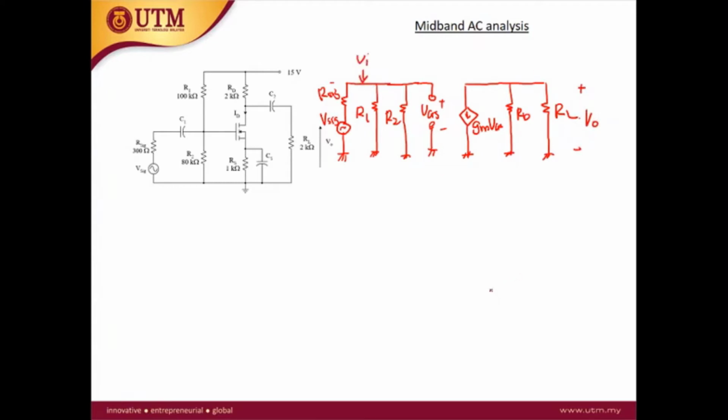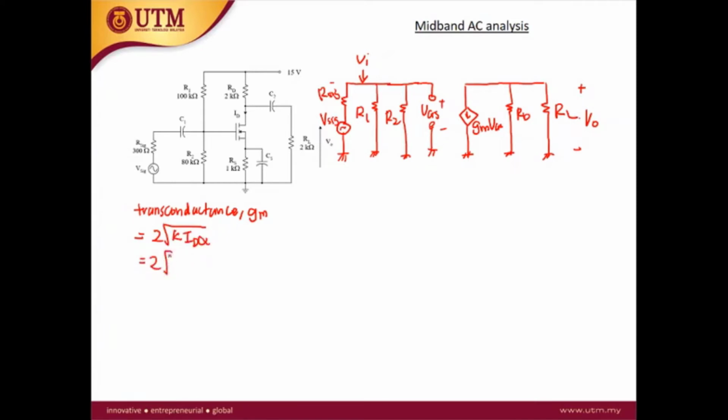Okay, we have the parameter called GM. What is GM? GM is the transconductance. GM is equal to 2 square root of K IDQ.